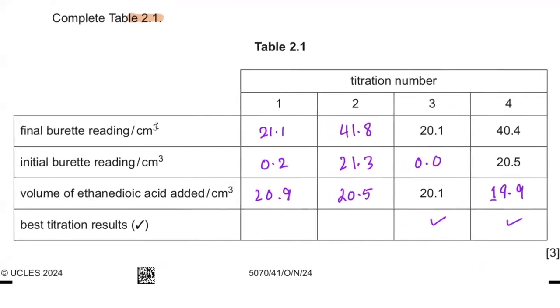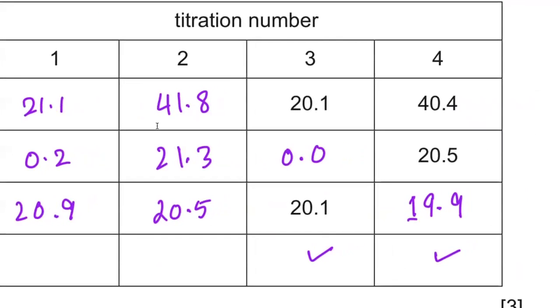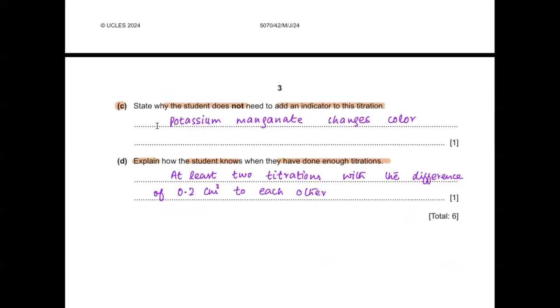See, the closest one with the difference of a 0.2 centimeter cube, isn't it? Yes. Okay. So we need at least two titrations which have a difference of 0.2 centimeter cube.